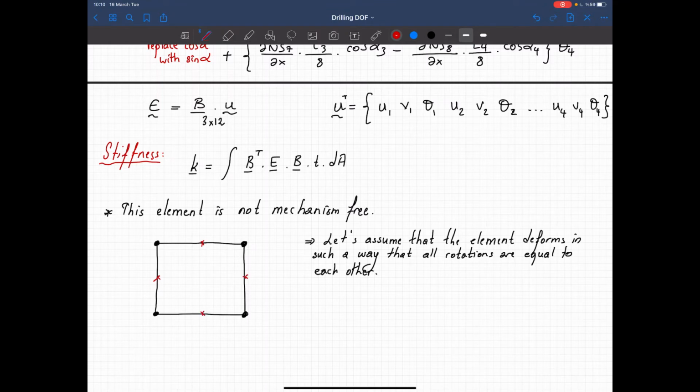This is what we observe. So I'm just rotating the nodes. They all have the same rotations. So the deformed shape that I see for this edge is as follows. For this one is as follows. This one. So when all the rotations are equal to each other, so these are the rotations, right?